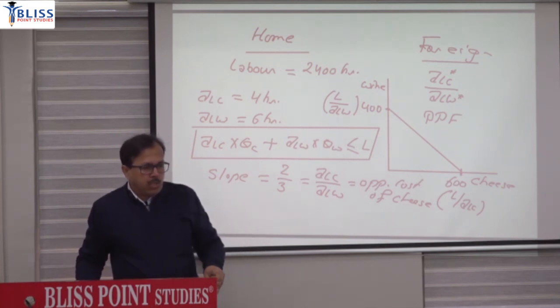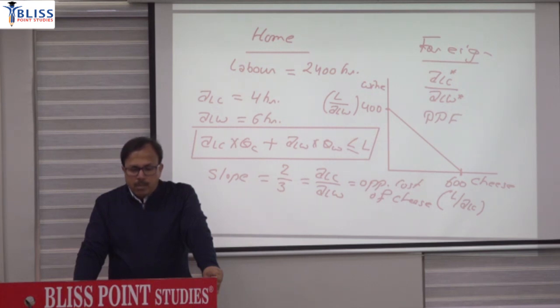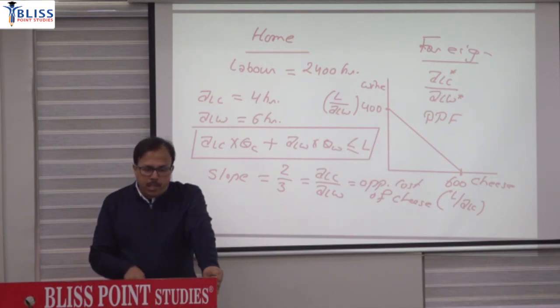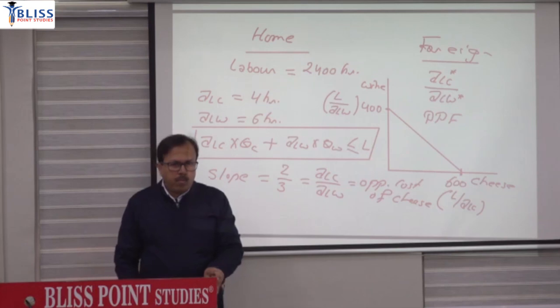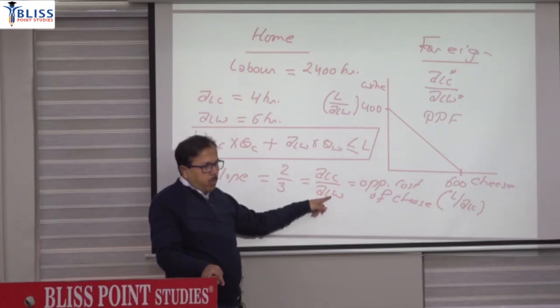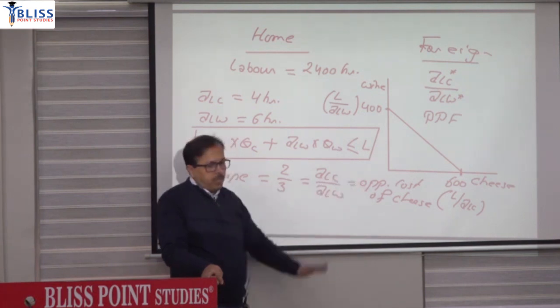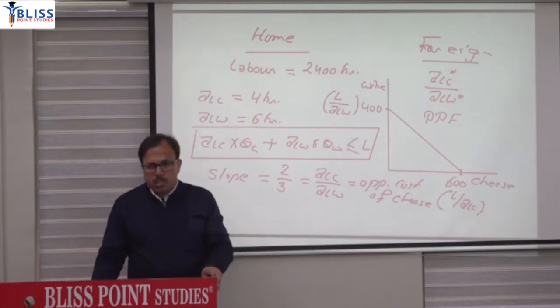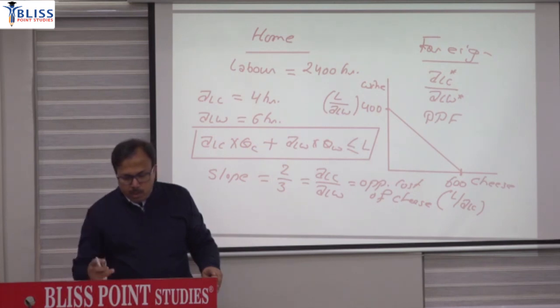Slope of PPF measures opportunity cost, that is cost of one good in terms of the other good, and it is measured by the ratio of unit labor requirement, that is ALC by ALW, which measures the opportunity cost of cheese.